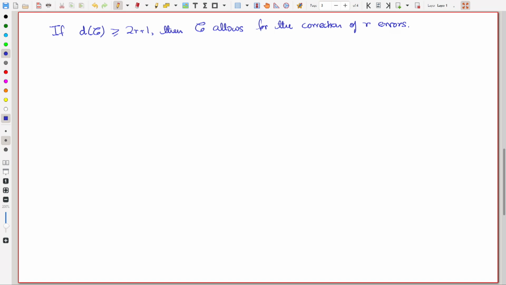So, one way to visualize this is as a spatial thing. You can think of these code words as forming a graph, and you connect two. Let us just look at code words with 3 bits: 000, 001, 010, 011, 100, 101, 110, 111, and we will connect 2 of these if they differ in just 1 bit.